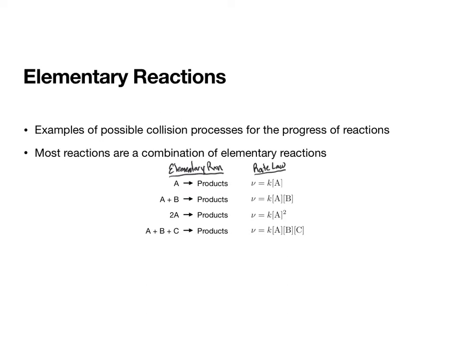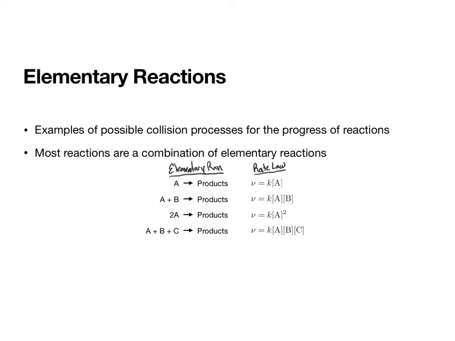If we are working with a real reaction, a more complex reaction, then this stoichiometry relationship to the order of the reaction is not the case. And what do I mean by that?